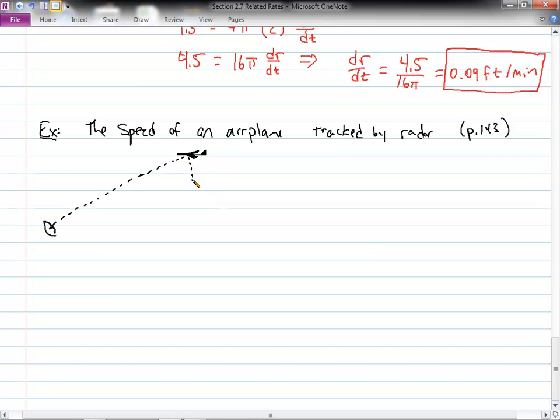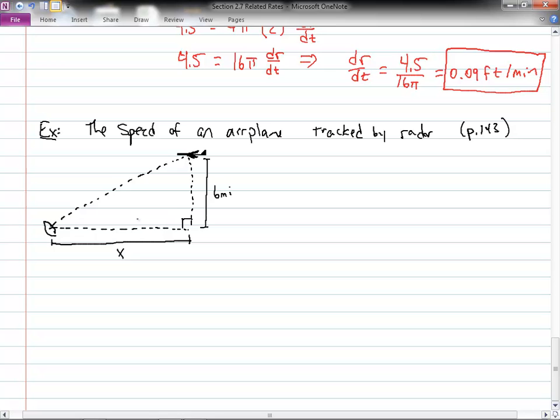And the height of the plane, above that distance of the radar. So what information do we know about this, say that right triangle right there? How high is the plane? 6 miles. What are they calling this? They call that X. Now, X is how far away this thing is, and it's traveling along that path X.